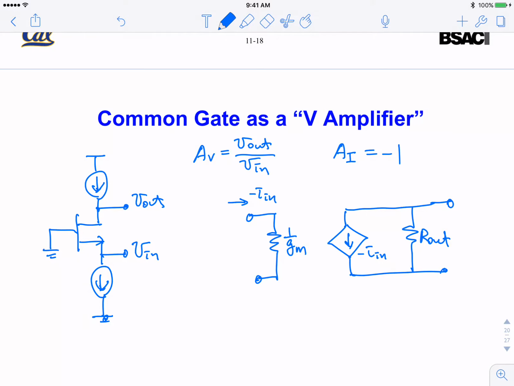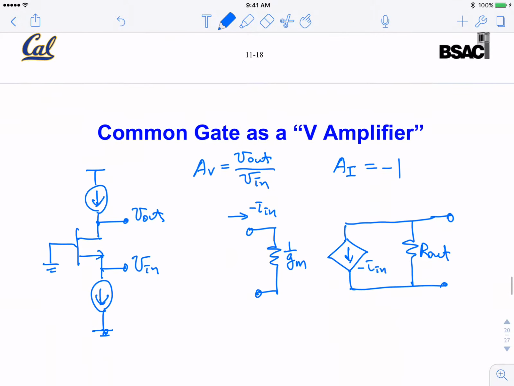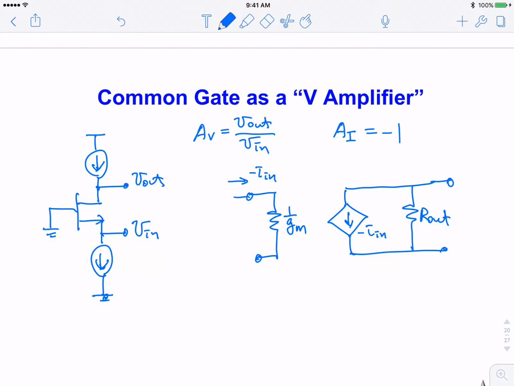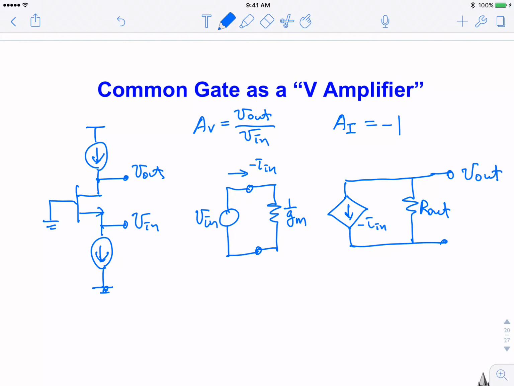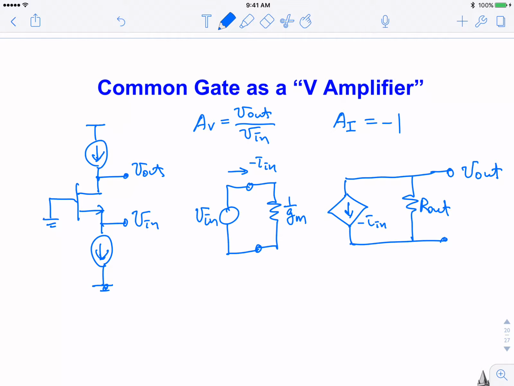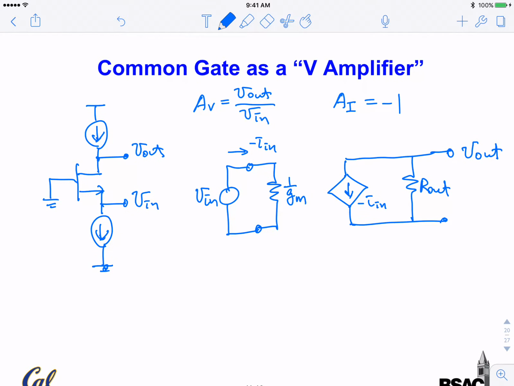Now I attach a voltage source here, Vin, and I want to know what my Vout is. I don't attach any additional load resistance. This is how I utilize the 2-port model I already found to solve for an additional parameter that we did not do the small signal model with.